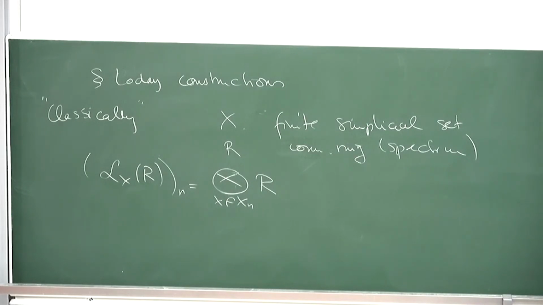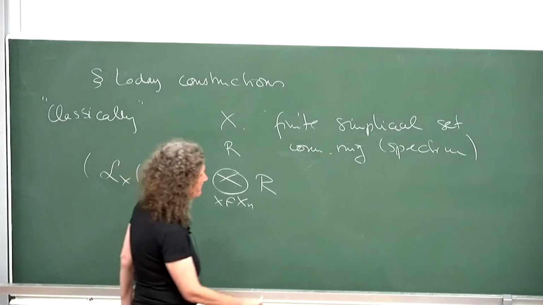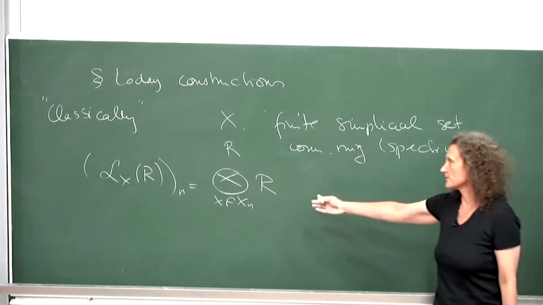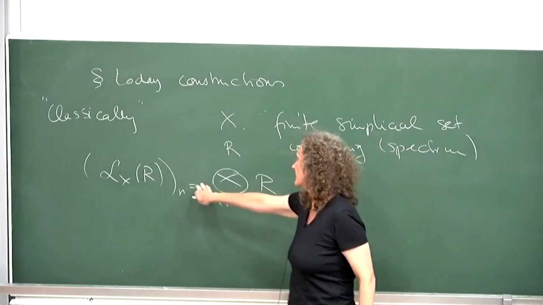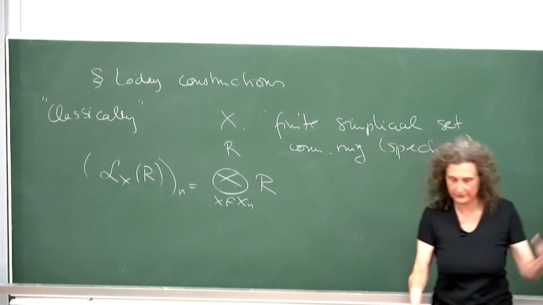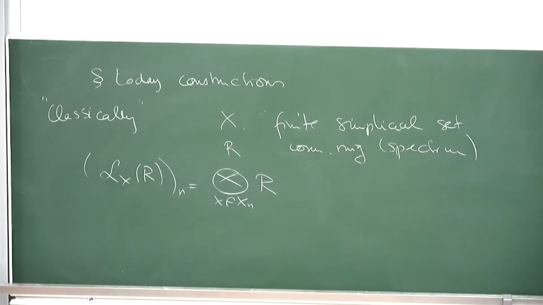Note that unless X is very, very special, you really need the commutativity here because points in X come from all possible directions. If you take the simplicial structure maps, the face maps, these are induced by the face maps of X, so you go from X_n to X_{n-1}, and it will just multiply everybody together that had the same pre-image.